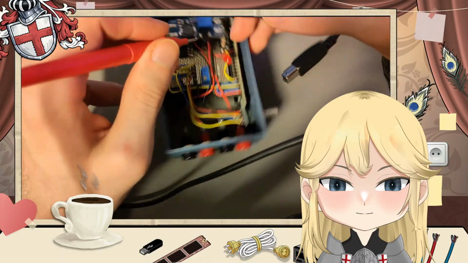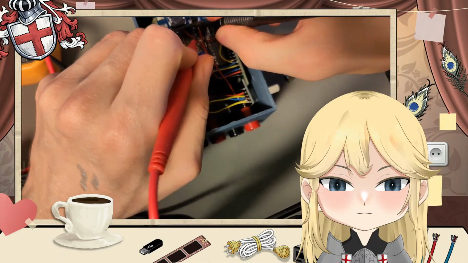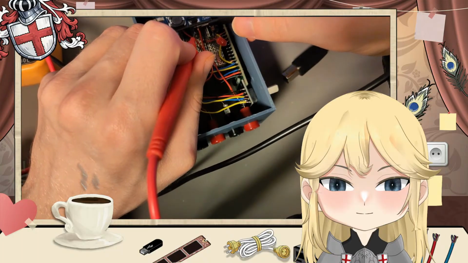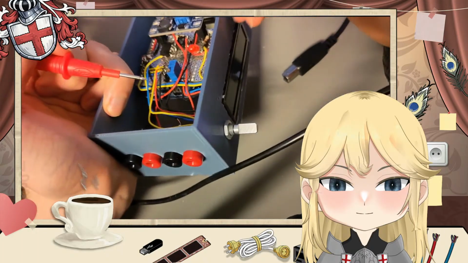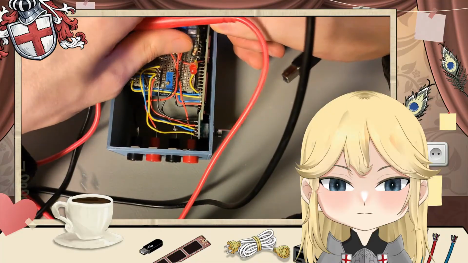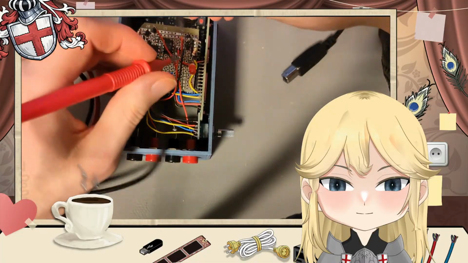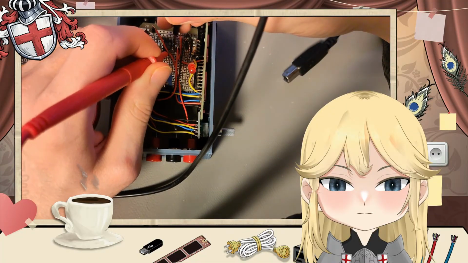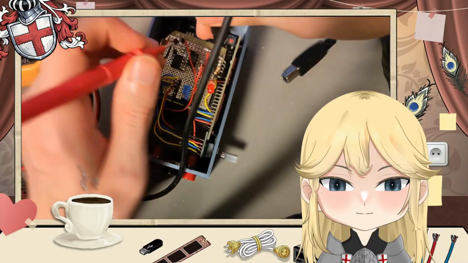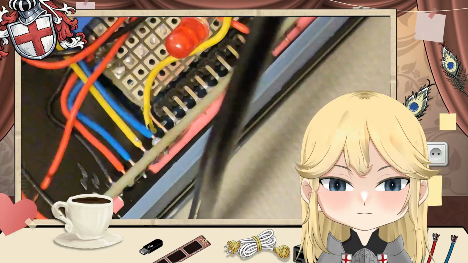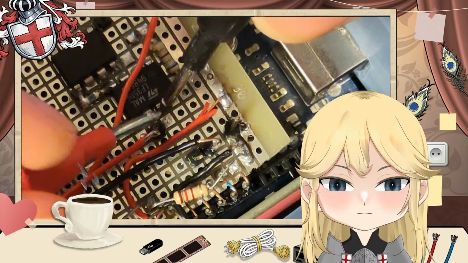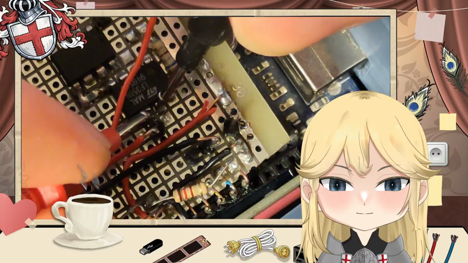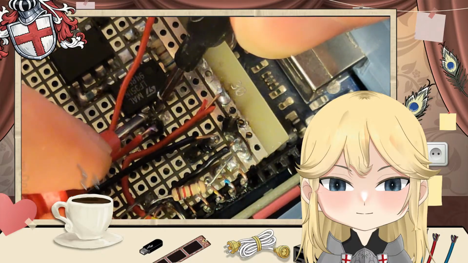Need the 2 middle pins on this side without touching any of the other ones. I think I need to pull this off, unfortunately. It's gonna be annoying to put back on later. Okay, let's hope there's no sound.